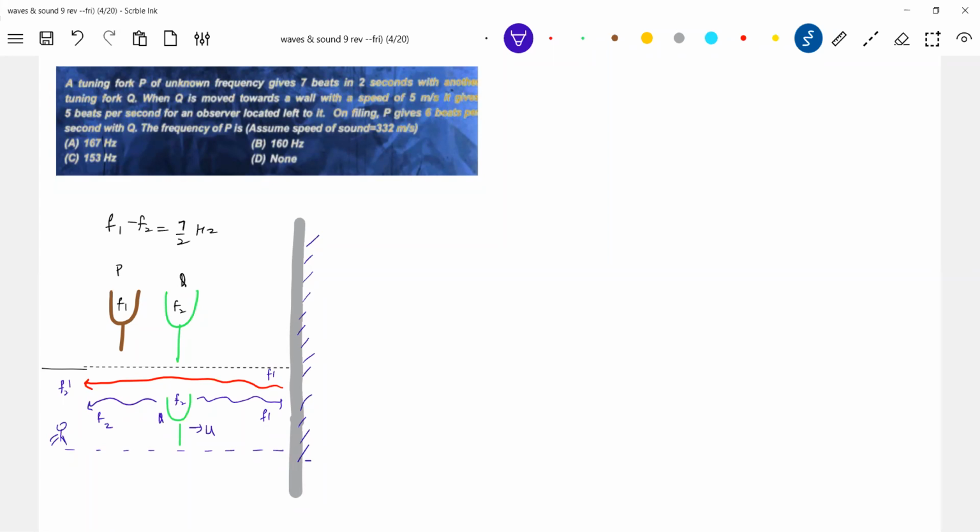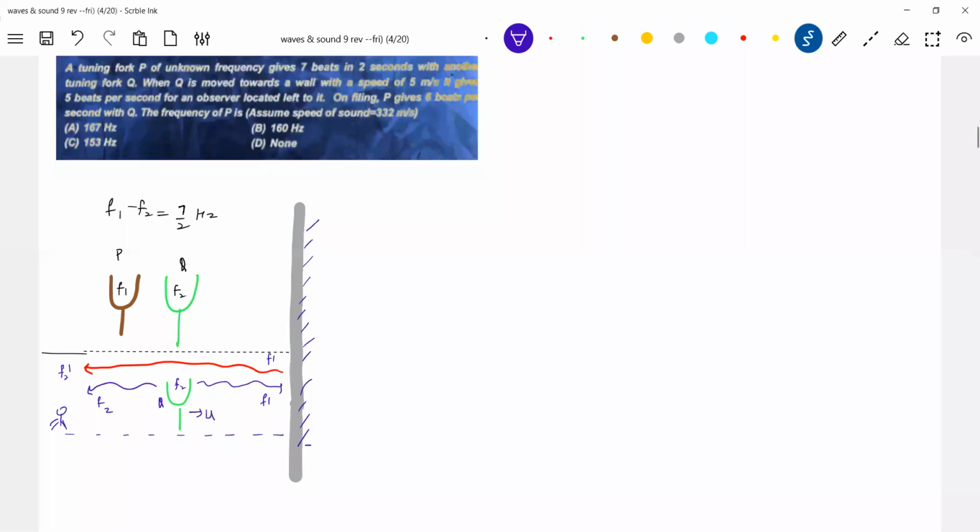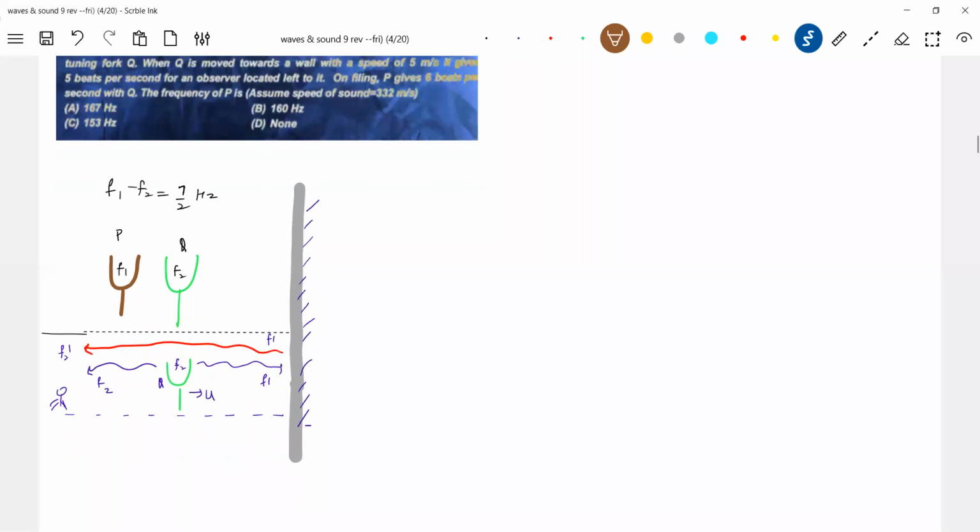What is the use of this? I'm not getting it. On filing, P gives 6 beats per second. He's asking the frequency of P, no? Okay, then, yeah. This is filed. Okay, I'm just showing it as filed.